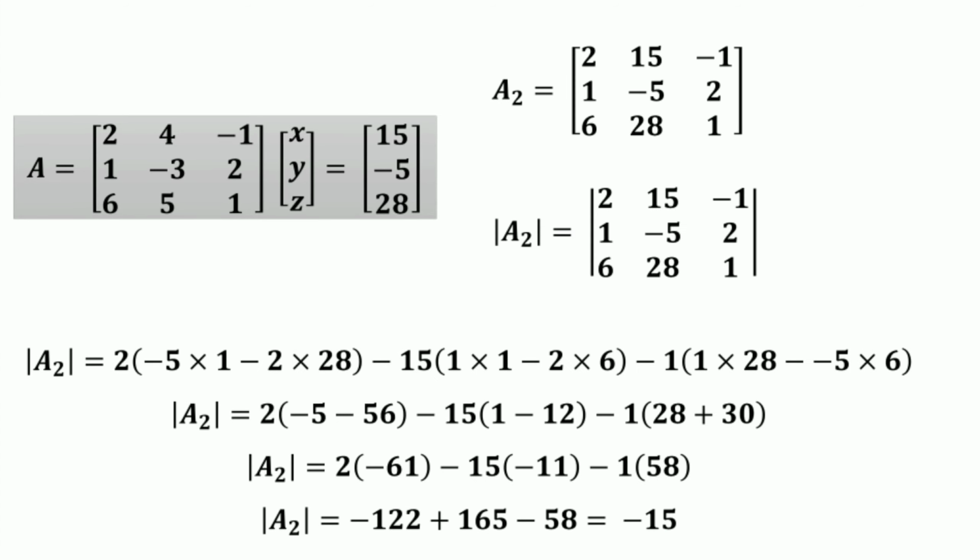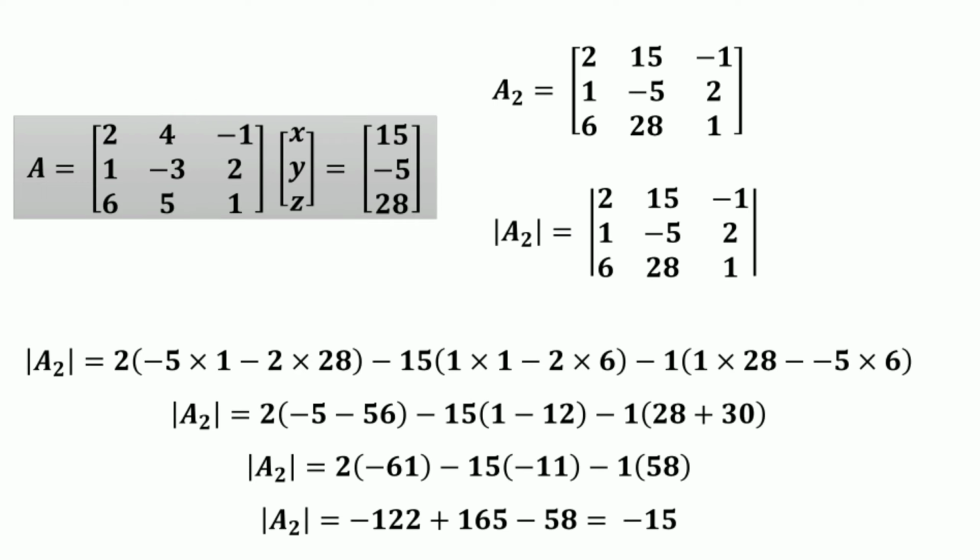Similarly, we have to form another matrix which is known as A2. For forming the matrix A2, we have to replace the second column coefficients. The second column coefficients are 4, minus 3, and 5. These are replaced with the column vector of constants, that is 15, minus 5, 28.